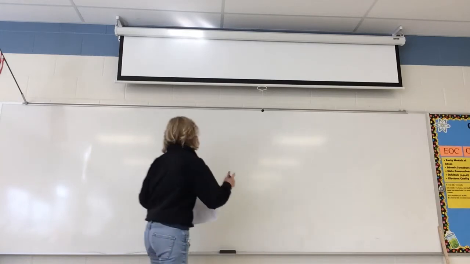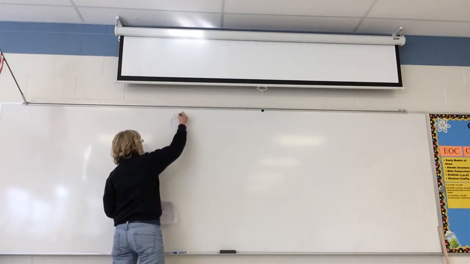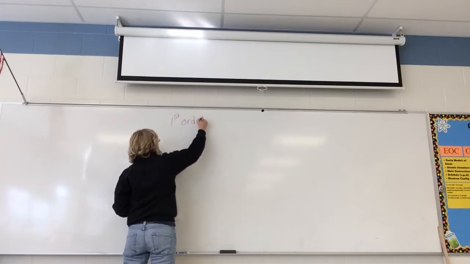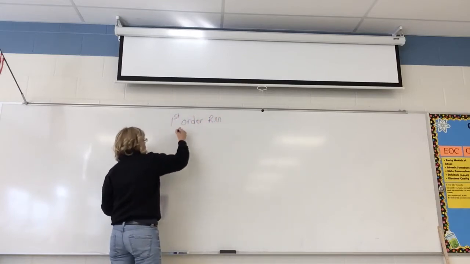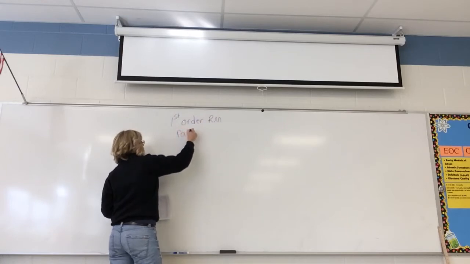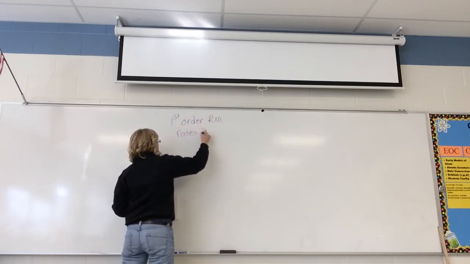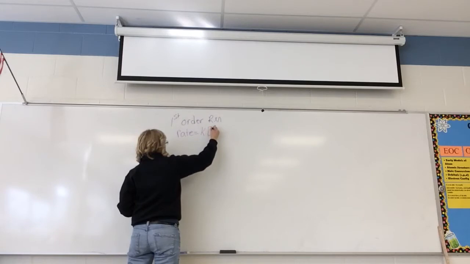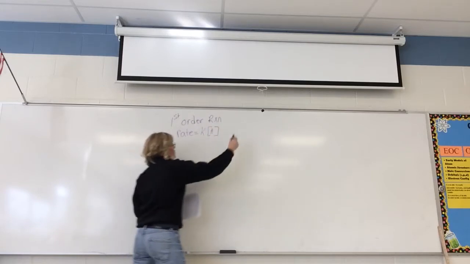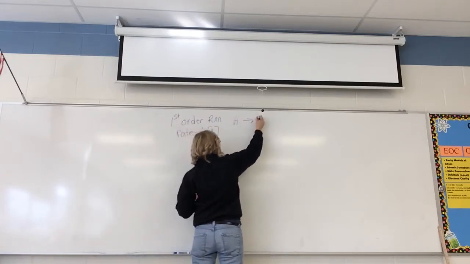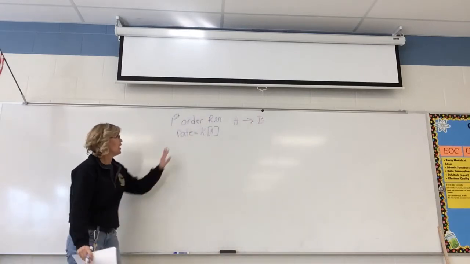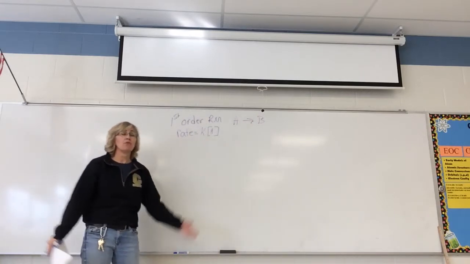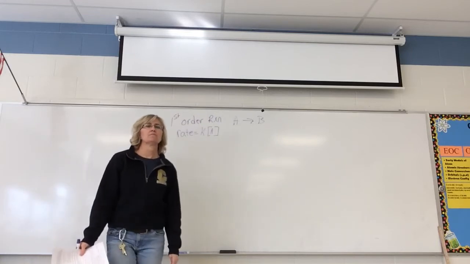Okay, so let's look at this. Let's take a first order reaction. All right, and let's write a rate law for a first order reaction. And this would be, A goes to B. That's the equation, and this is a rate law for a first order reaction.